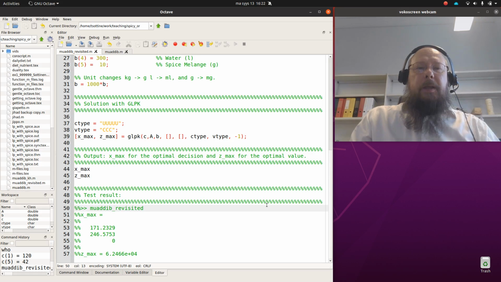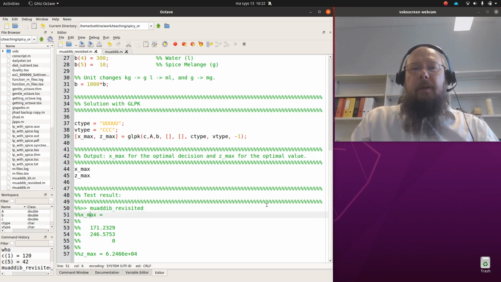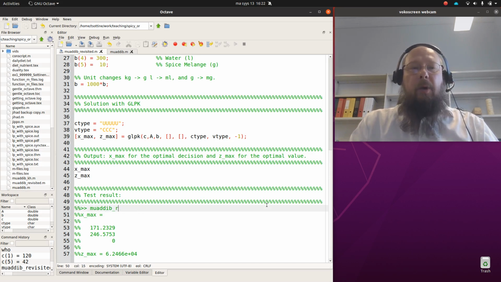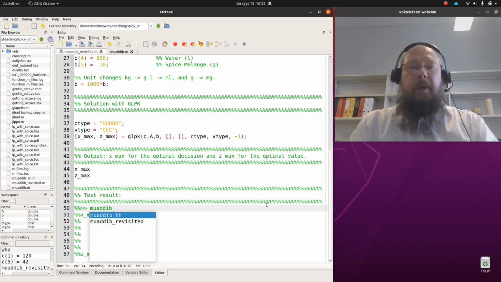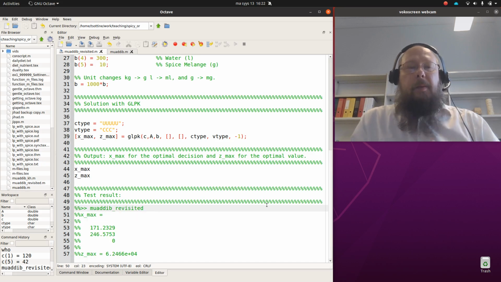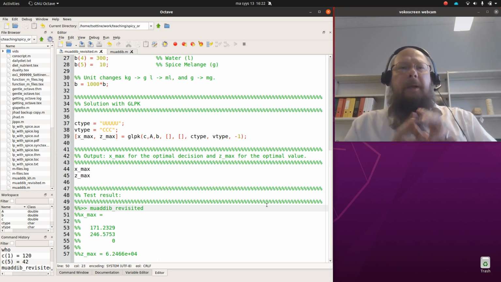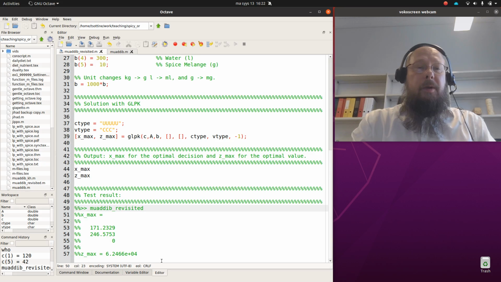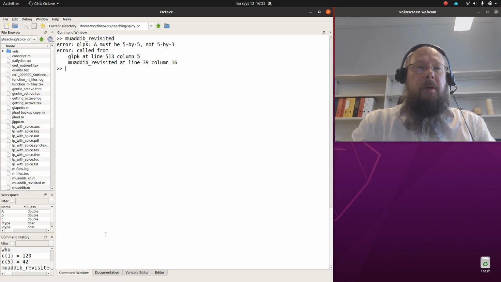It was just that this underscore revisited in the test result was not correct, so it actually called the moatip. It called the wrong script here in the test result. It should be like this, but that was not the problem. So it was very strange. Let's do it again.